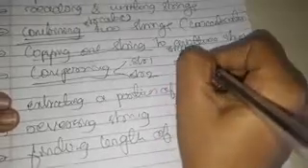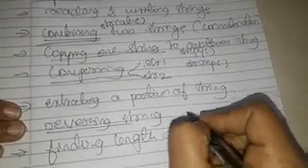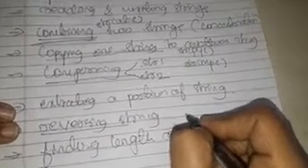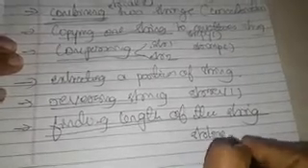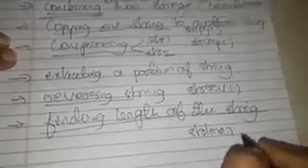For comparing two strings, that is strcmp. For reversing a string, that is strrev. For finding the length of the string, that is strlen. So we'll see all these one by one.